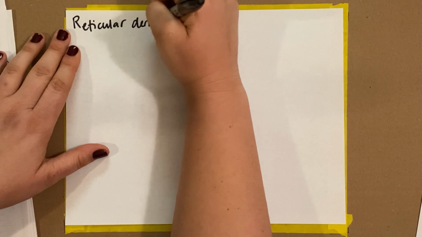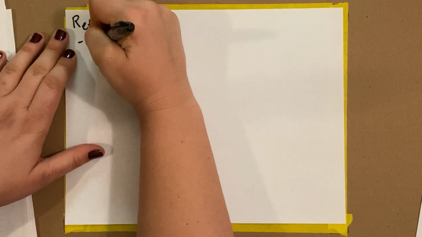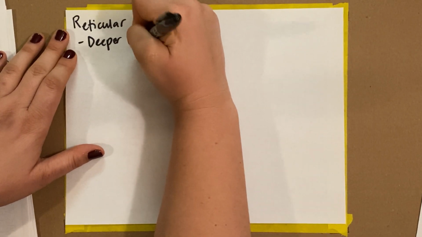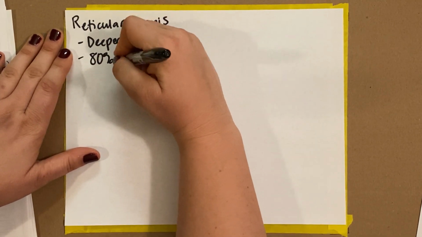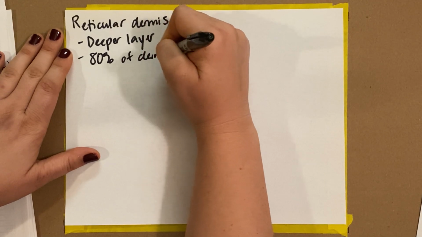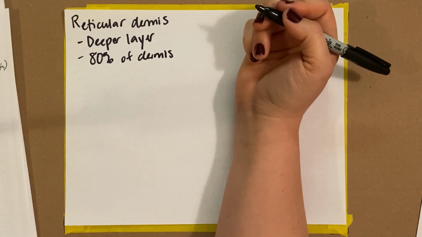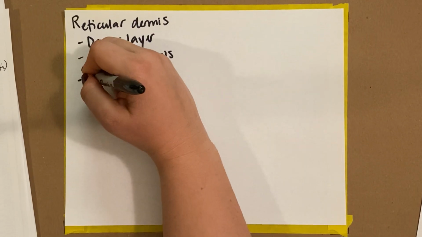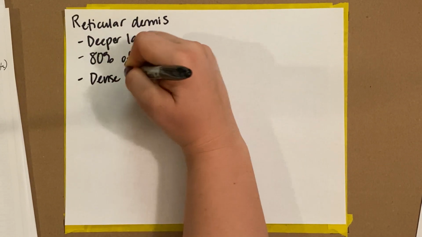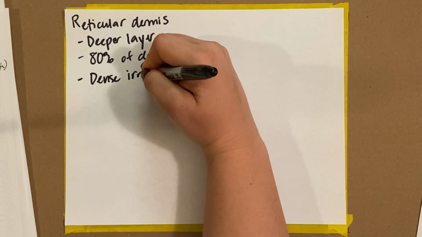It's the deeper layer, and it makes up 80% of the dermis. So most of the dermis is going to be made out of this reticular layer, okay? It is made of dense irregular connective tissue.